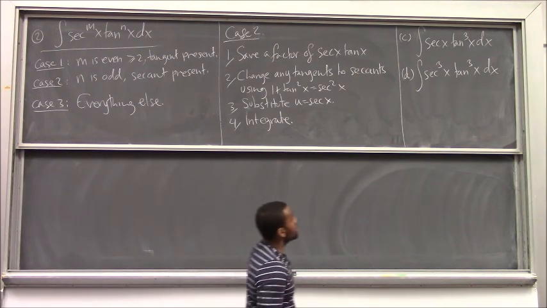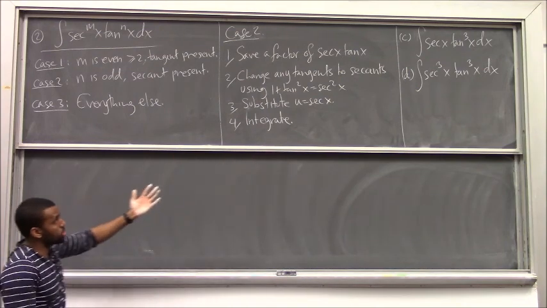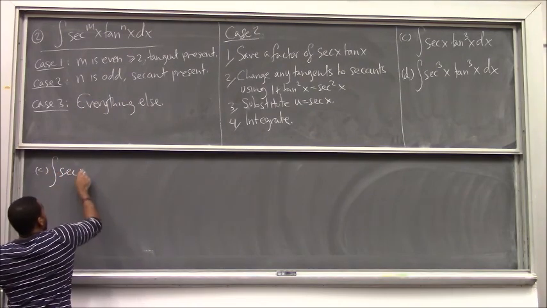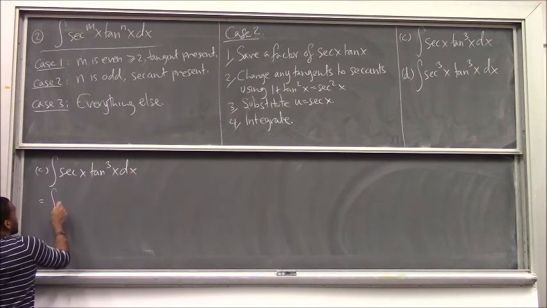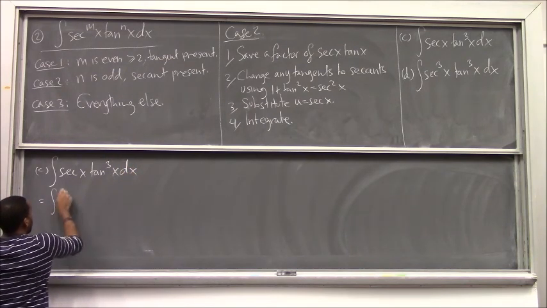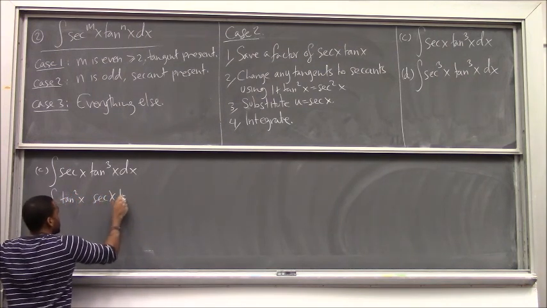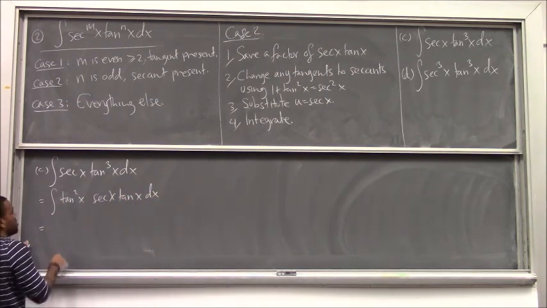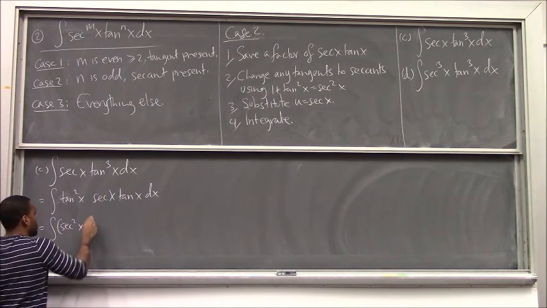Okay, so I see problem C, the power of tangent is odd, there's a secant around, so I'm just going to save a secant tangent. This is going to be left with tangent squared, secant tangent. I'm going to change all the other tangents to secants. Tangent squared is secant squared minus 1.